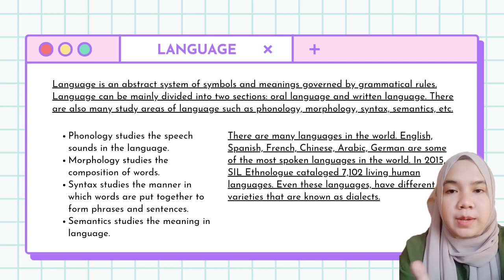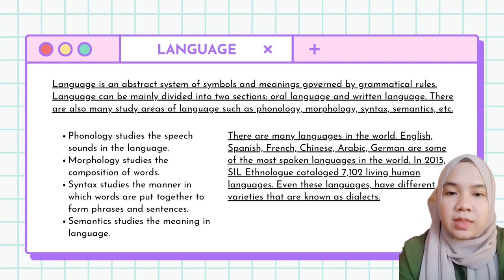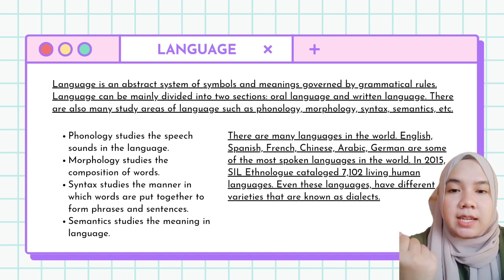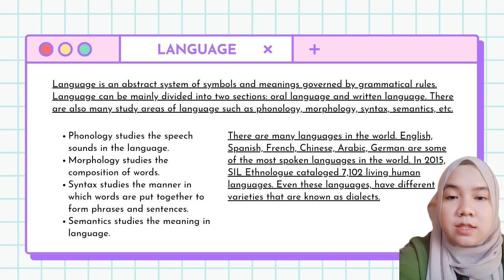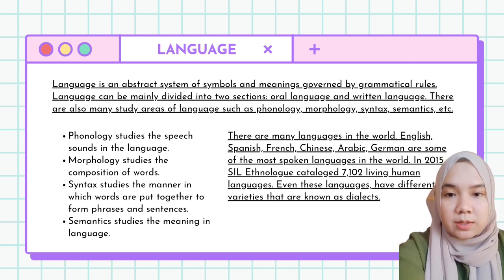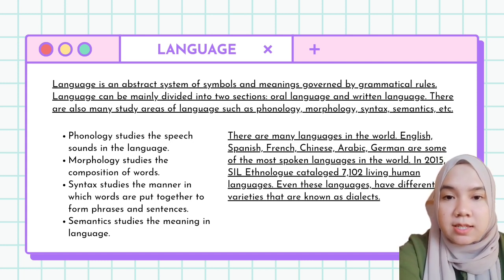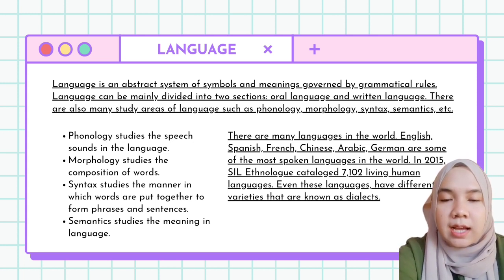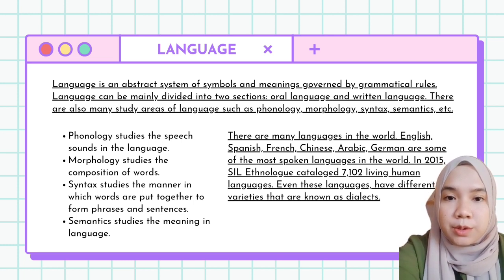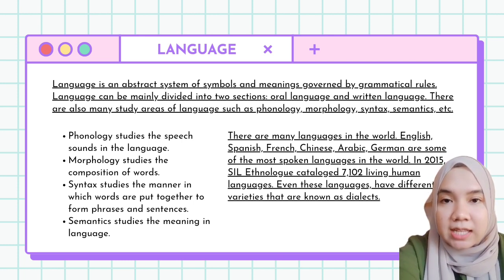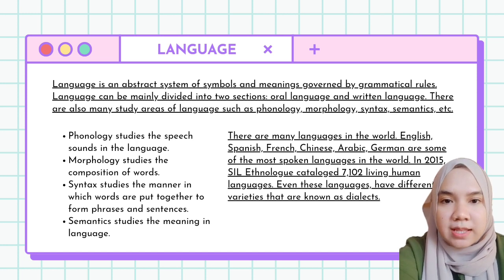There are also many study areas of language, such as phonology, morphology, syntax, semantics, and etc. Phonology studies the speech sounds in a language, and morphology studies the composition of words. Syntax studies the manner in which words are put together to form phrases and sentences, and semantics studies the meaning in language.